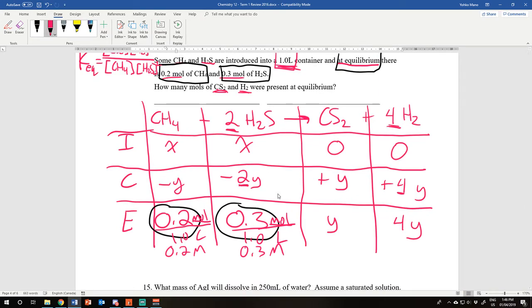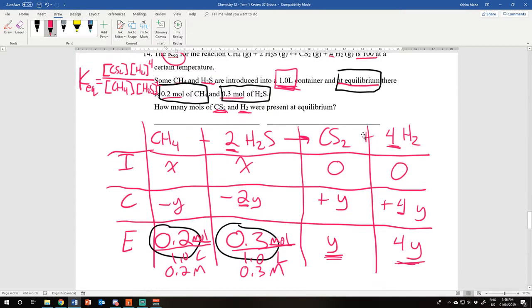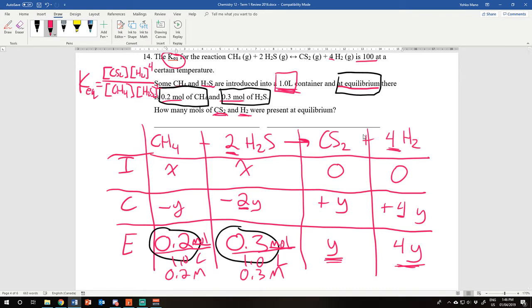Oh well, it's okay. Then we've got the unknown amounts here and the unknown amounts here. Because they're unknown, it doesn't matter; these unknown amounts can just stay unknown. You don't have to worry about the division here because we don't know what the mole amounts are, so we don't know what the concentration is.